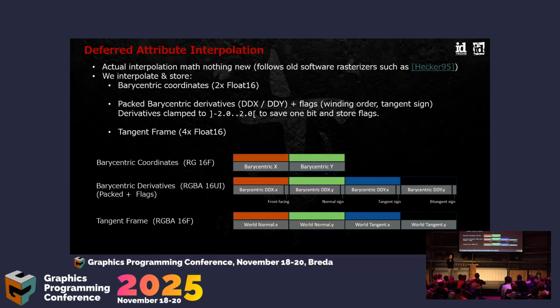So we stole 1 bit from the float 16s there, and also the well-spaced tangent frame. And using the barycentrics, we could later, in the actual shaders, just use those barycentrics to fetch and interpolate the needed vertex attributes.